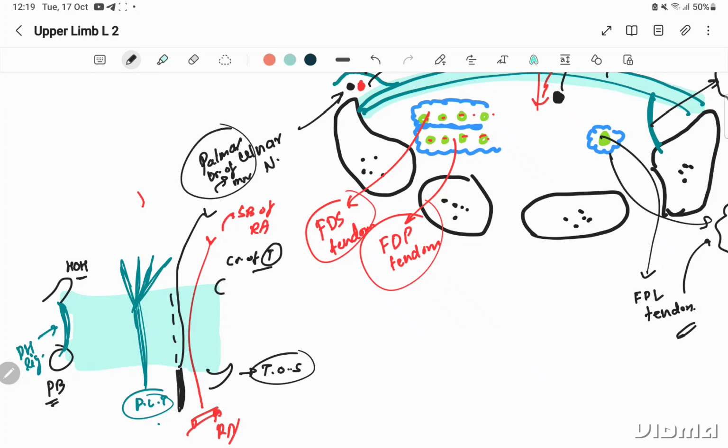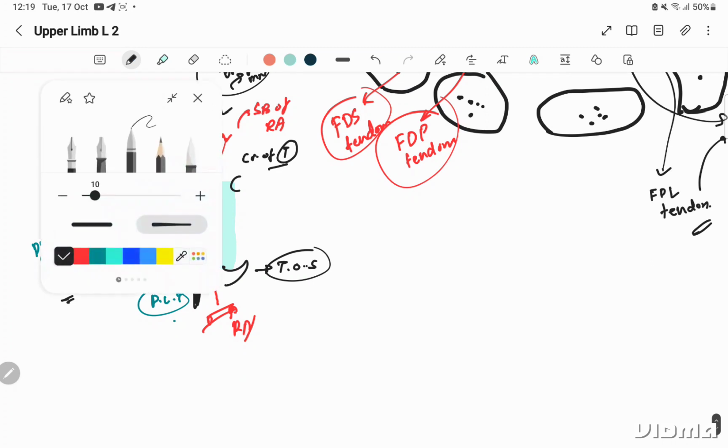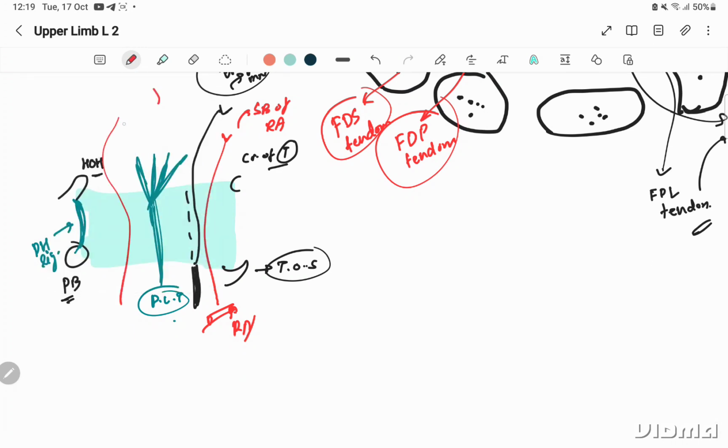Here we have the ulnar artery and the ulnar nerve, and a branch of the ulnar nerve also passes superficially, the palmar branch of the ulnar nerve.